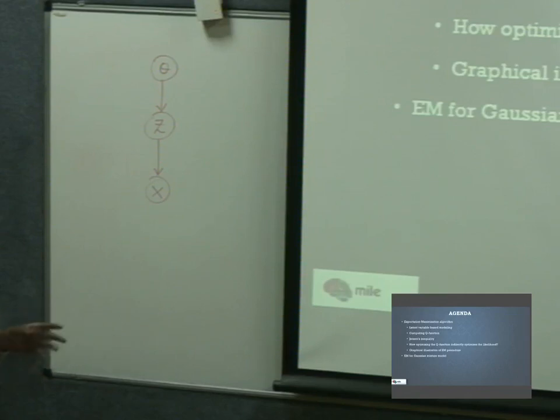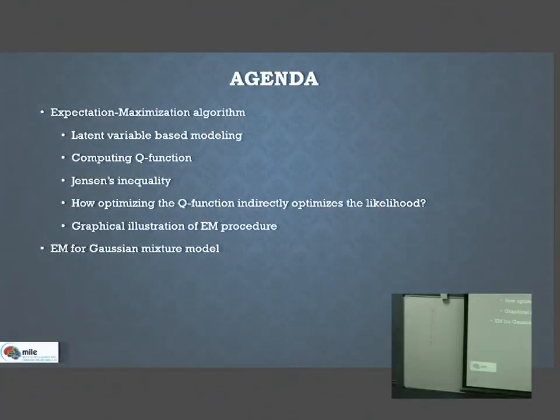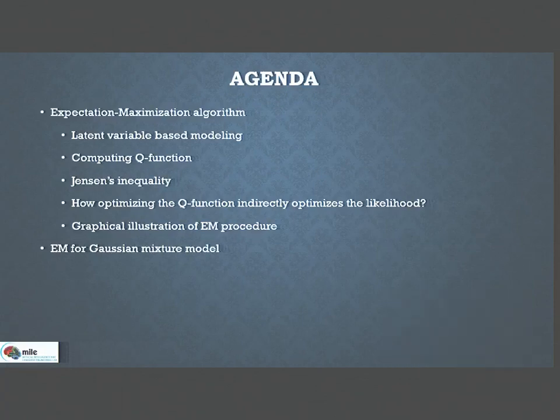And we have seen something on Jensen's inequality just to prove that the increase in the Q function's value will in turn increase the likelihood function. So, Jensen's inequality helps in understanding that, and that's what I told, how optimizing the Q function indirectly optimizes the likelihood.